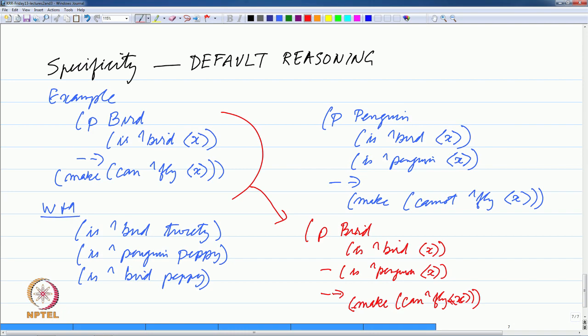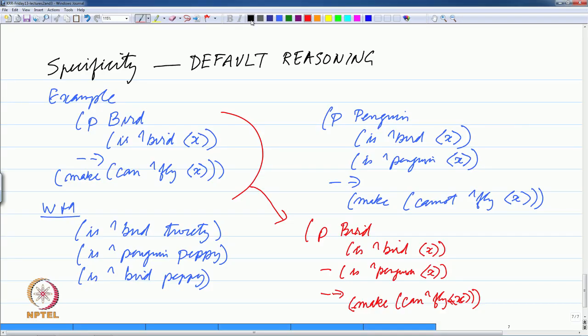Now, I am distinguishing between birds which are not penguins. Remember that I have put a not here essentially. If x is a bird and x is not a penguin, then say that x can fly.